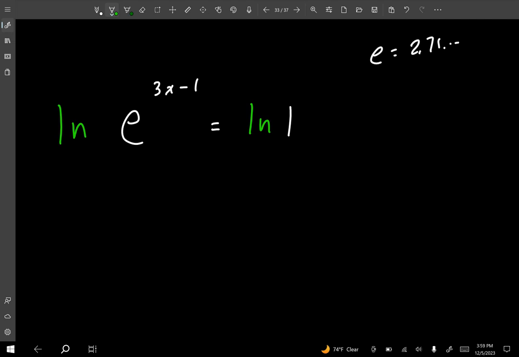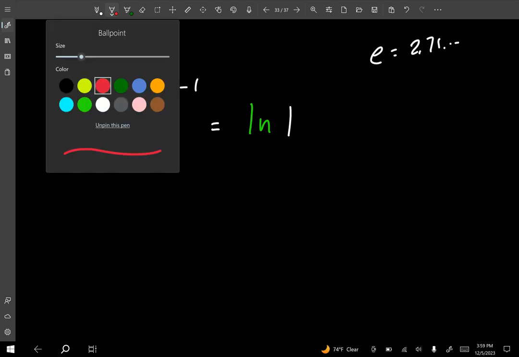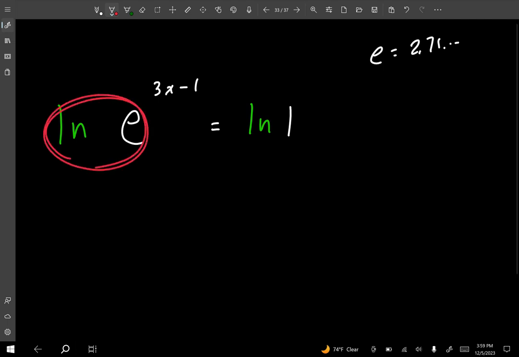Now, other than the difference in symbol and the notation, this is functionally, mechanically, the exact same as what we just did. Because what happens is, this stuff goes away, cancels out, and you're left with whatever the exponent was.